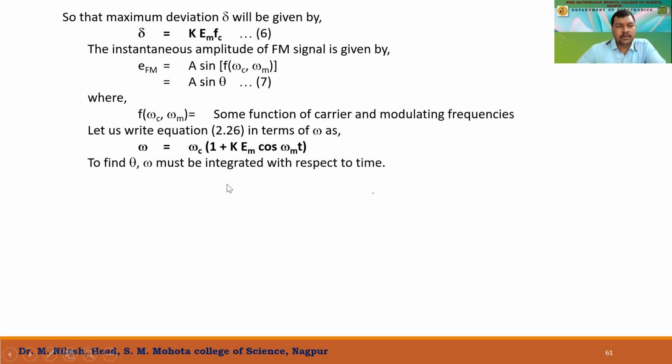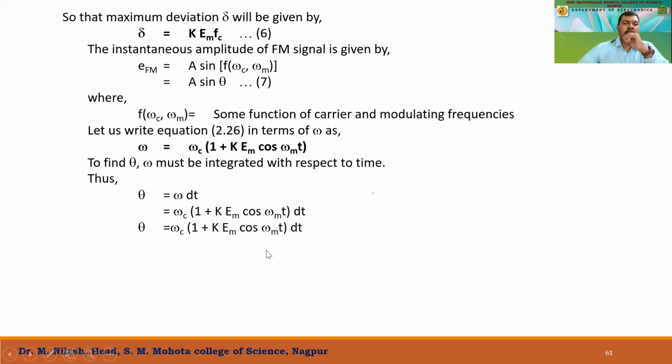To find theta, omega must be integrated with respect to time. So if you integrate it, we have theta equal to the integral of omega dt. Taking the integration, theta will be equal to the integral of omega c (1 plus k Em cos omega mt) dt. The integral of cos omega mt can be written as sine omega mt by omega m.